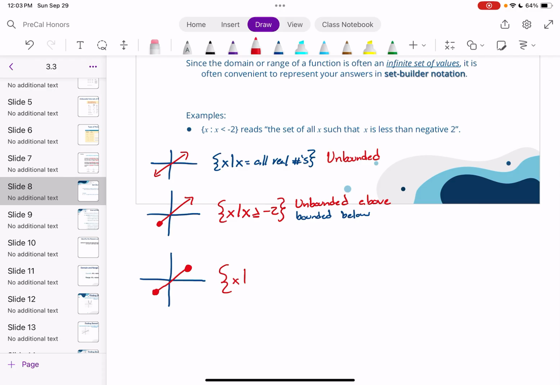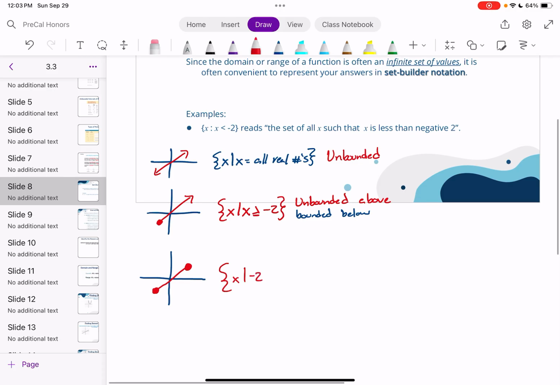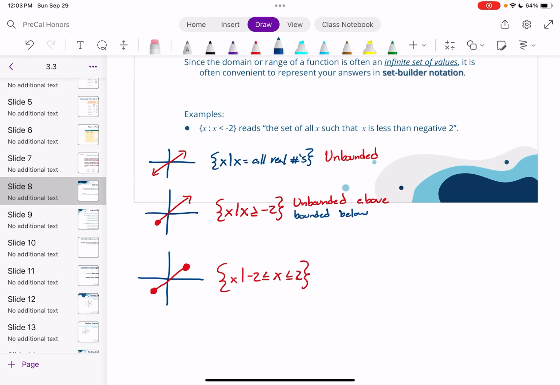In this case, we would be going from -2, as we stated before, is less than or equal to x, which is less than or equal to +2. We would close off our set notation, and in this case, we would describe this as bounded above and below.